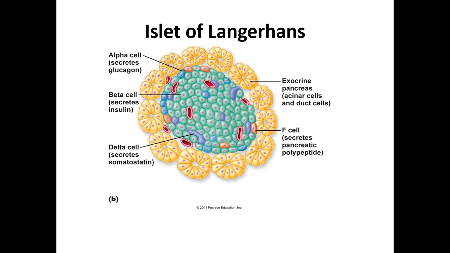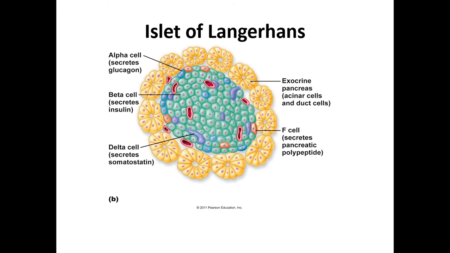We have the illustration of the islet of Langerhans. On the surface part of the islet, we have the exocrine pancreas composed of acinar cells and duct cells.